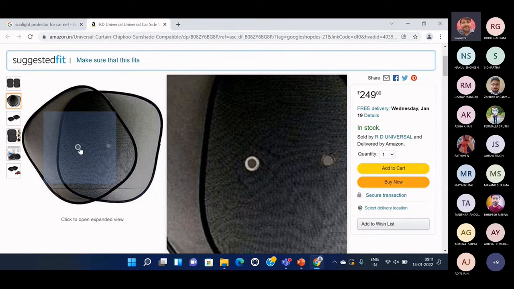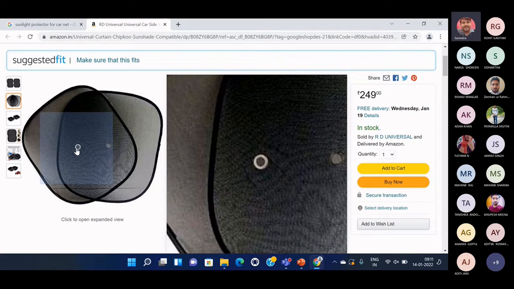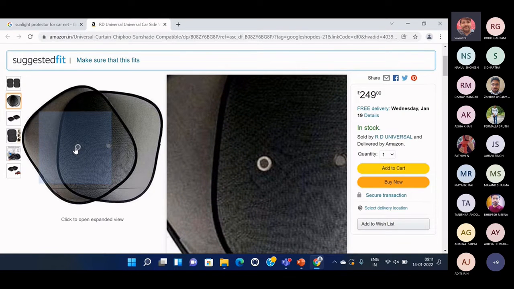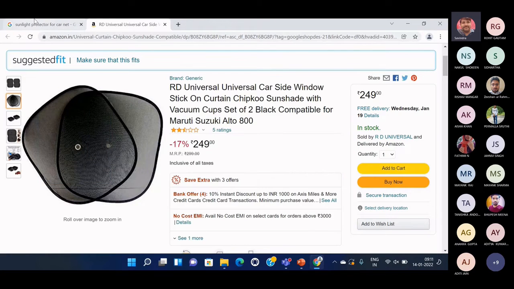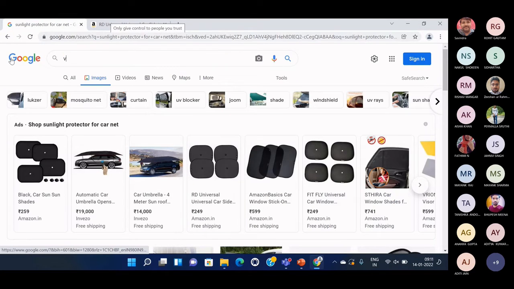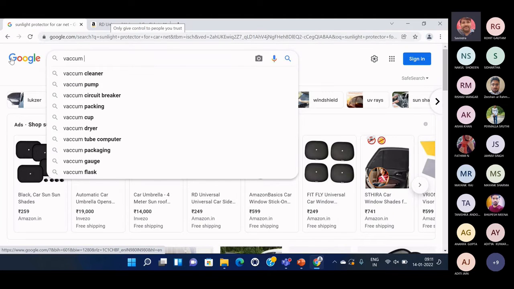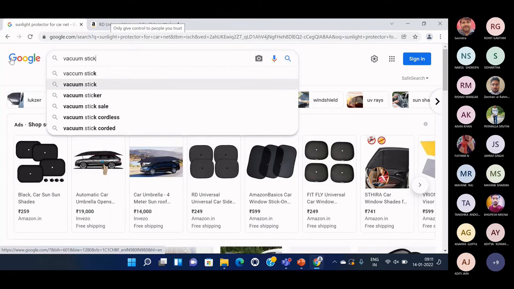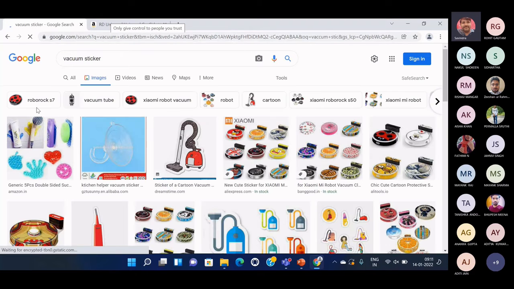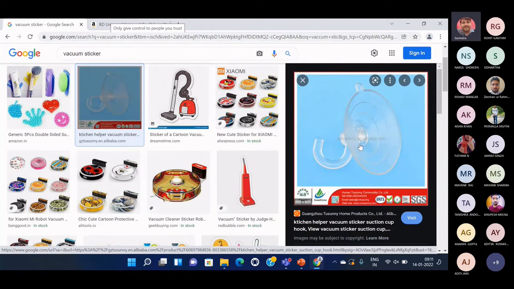Okay. In the center of this, there is a rubber-like structure. Sir, vacuum stickers. Vacuum stickers. Yeah, vacuum. Thank you, dear. So I will type vacuum sticker. Thank you, dear. I was not able to. Yes, this is the structure.